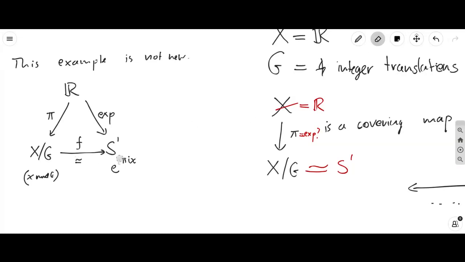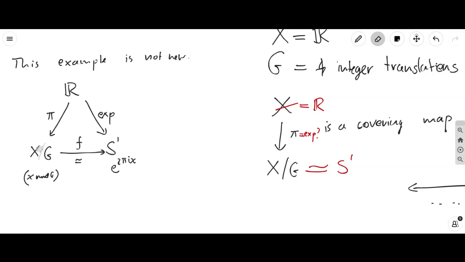And the reason why F is well defined is that if you choose a different representative for x, you're just adding an integer. You're just adding x plus 1 or x minus 1. But because this function is periodic, it's still the same value. So this is well defined, and it will establish a homeomorphism between these two.